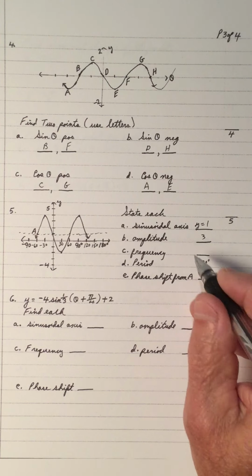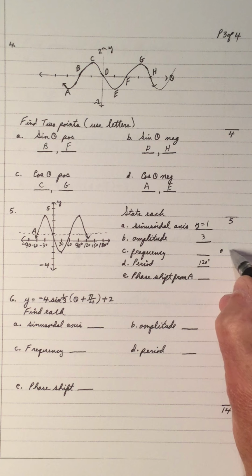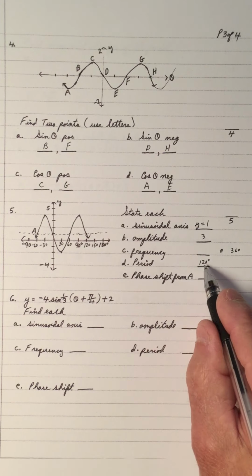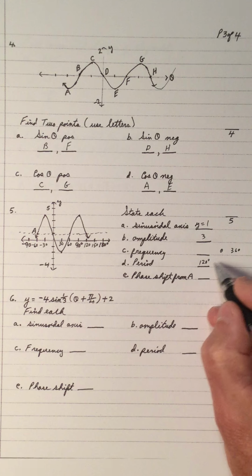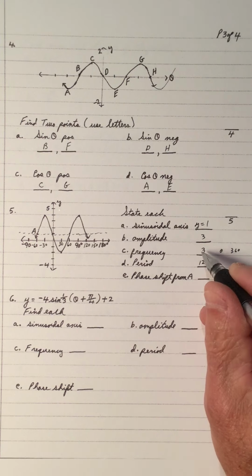Now, a frequency is the number of degrees between 0 and 360. So the number of waves. So if one wave or cycle is 120, that means there's 120s in here, so the period is 120, so there's 3 of them.